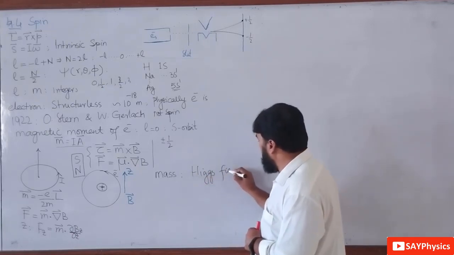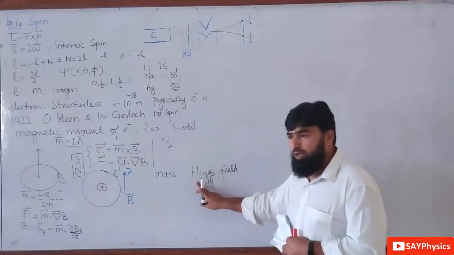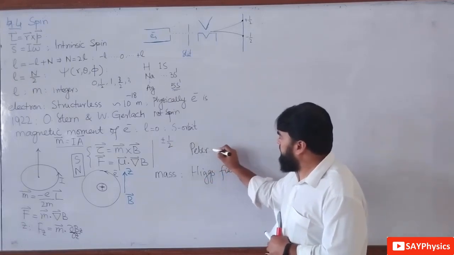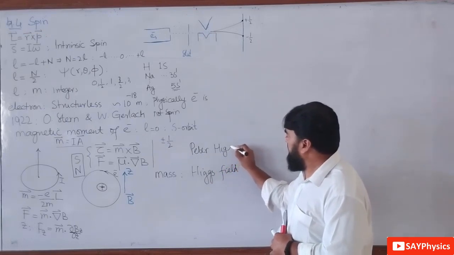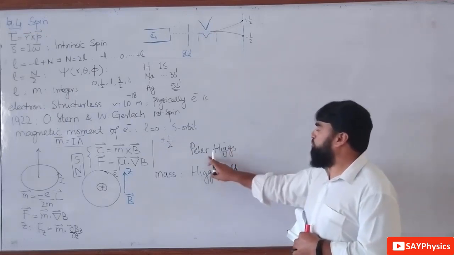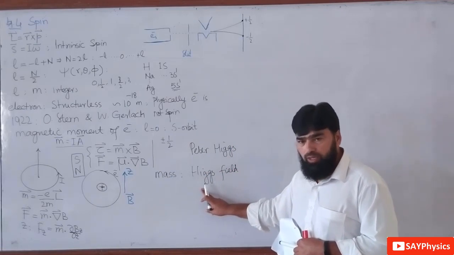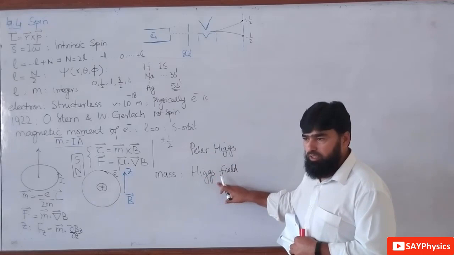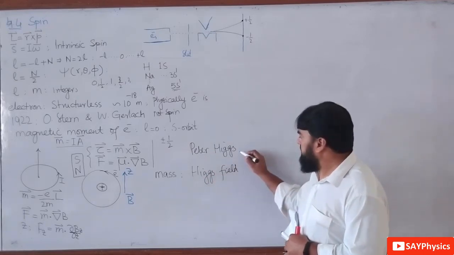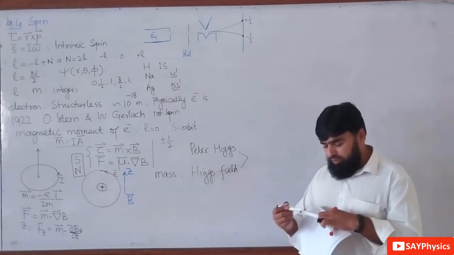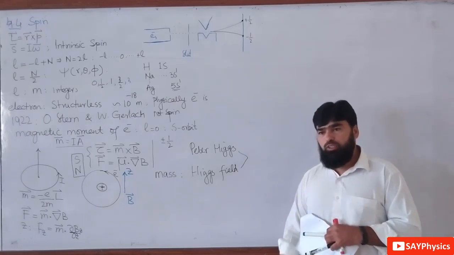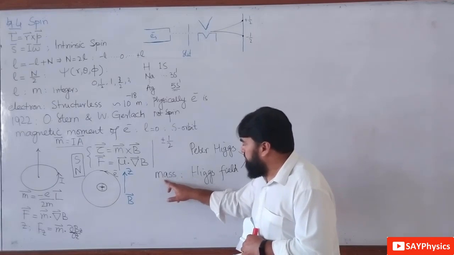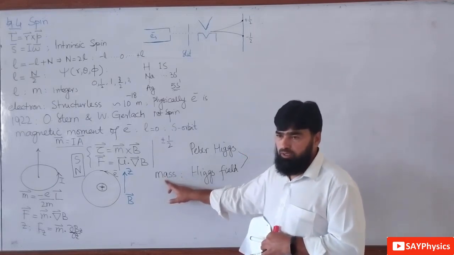Peter Higgs was awarded the Nobel Prize for this, where he explained some portion of where the mass is coming from. It is coming from the Higgs field, but the search is still going on, and we are not fully clear about mass.